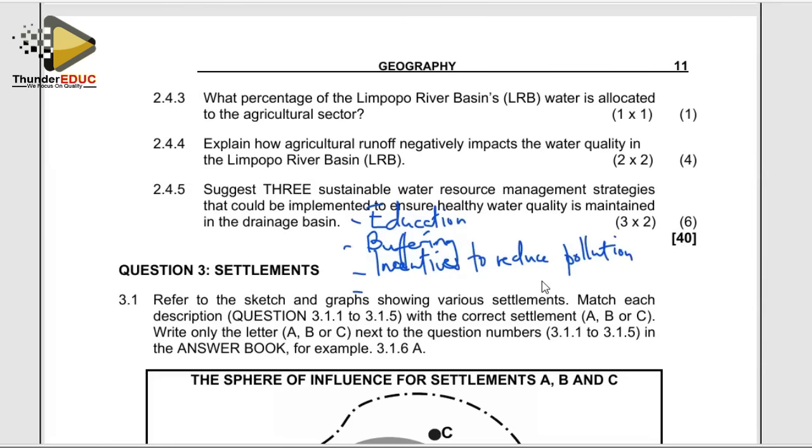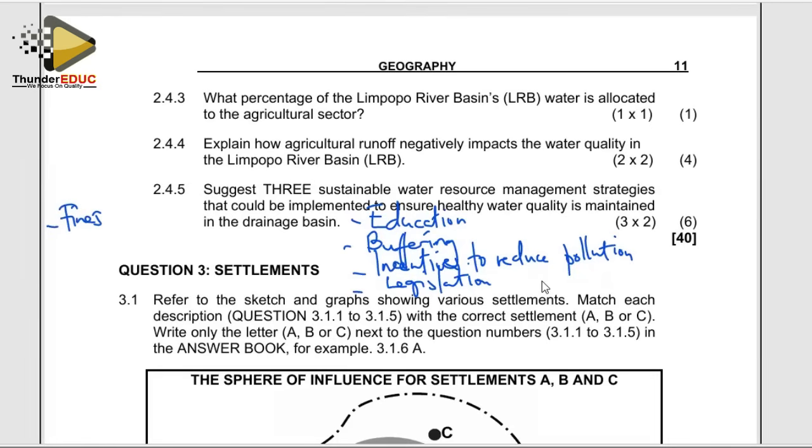And also we can look at legislation, enactment of different laws that prohibit pollution of the drainage basin. And also we can look at heavy fines for offenders.